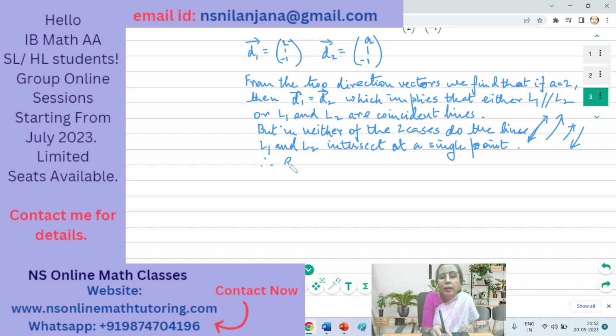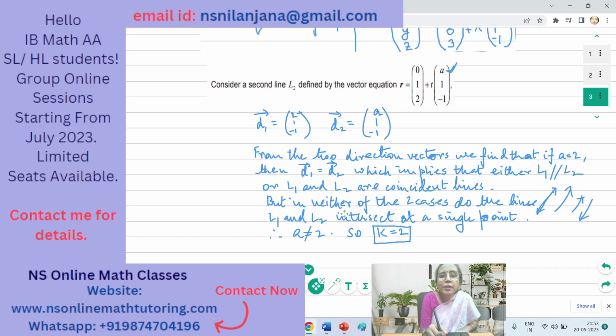Therefore, a is not equal to 2. Because in the question it is a is not equal to K and find the value of K. Therefore, a is not equal to 2. Hence, K is equal to 2. Okay?